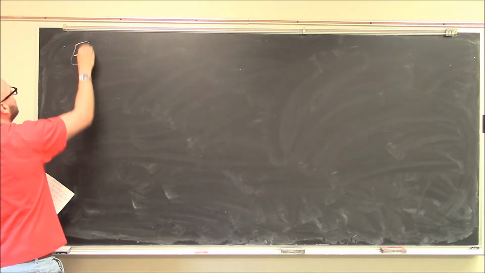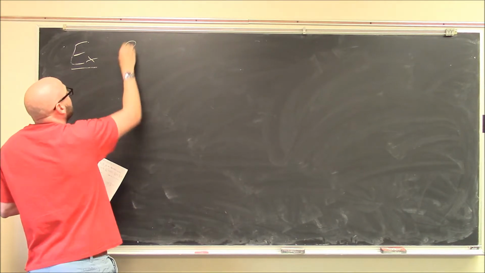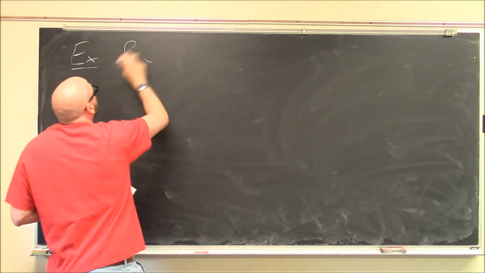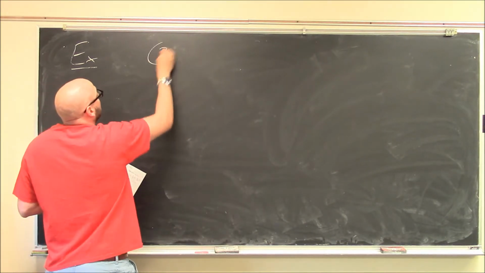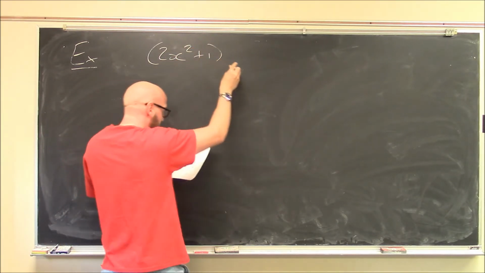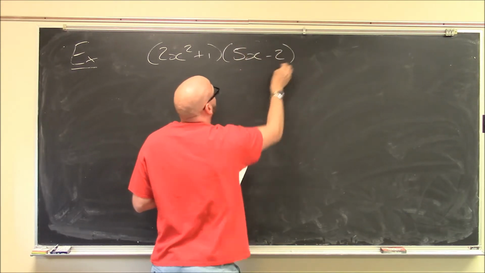Alright, so for example, let's not call it f. I'll just give you the function: 2x squared plus 1 times 5x minus 2.